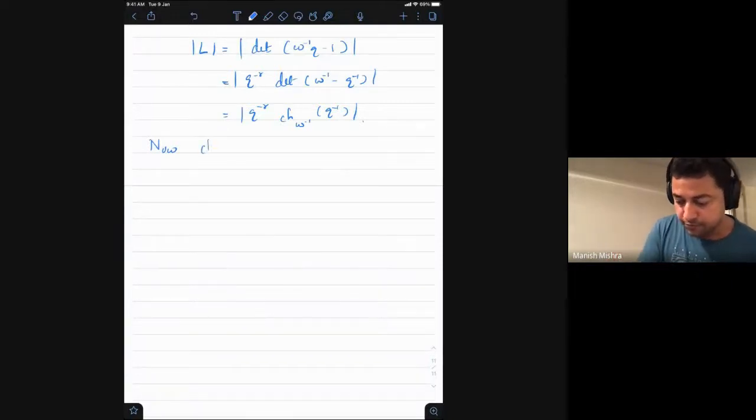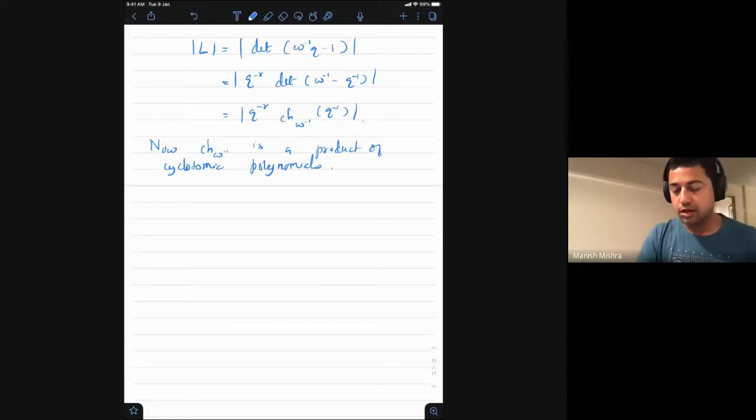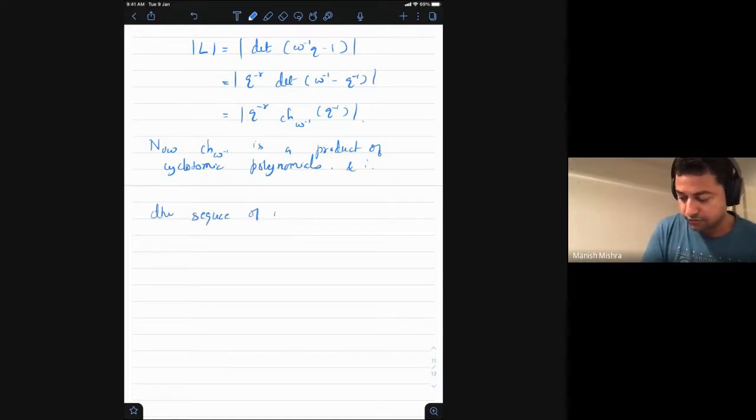So from general linear algebra results, you know that this is a product of cyclotomic polynomials, and therefore the sequence of its coefficients is symmetric.